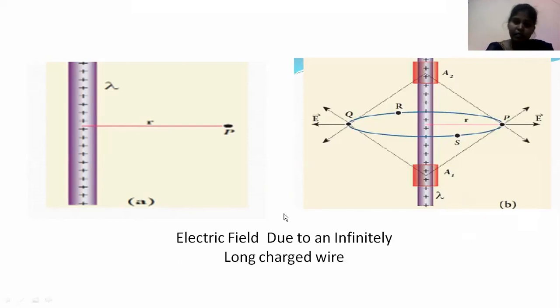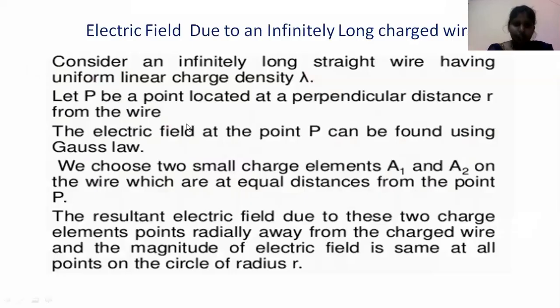Now to find this, we need to assume certain things here. These are the applications of Gauss law, and we are going to find the electric field using Gauss law.